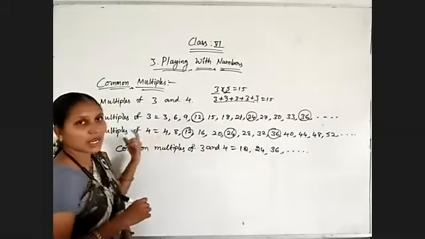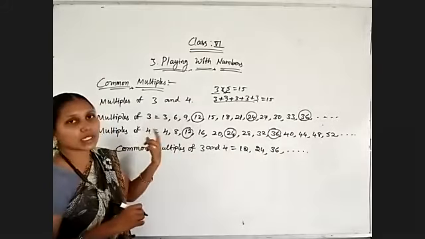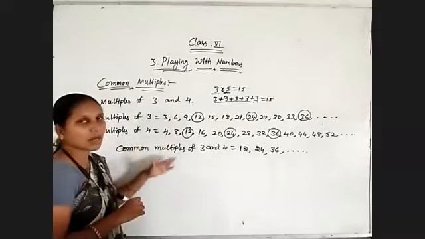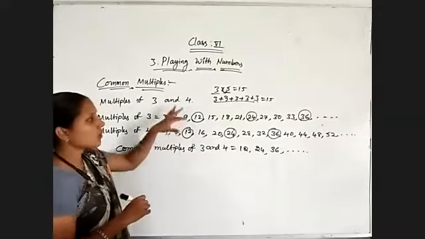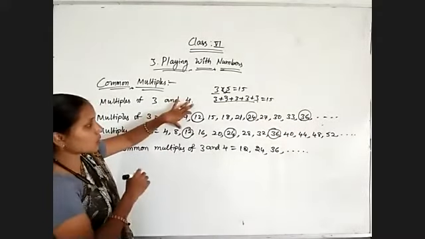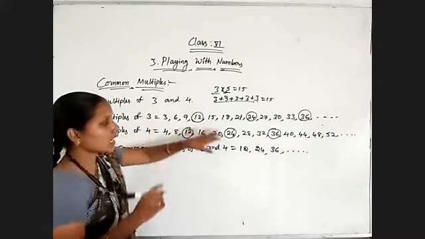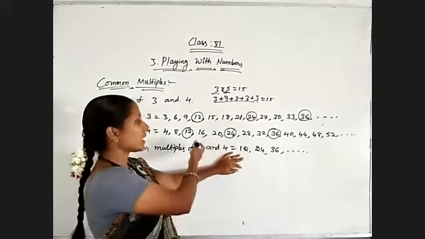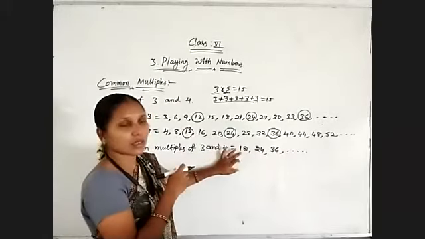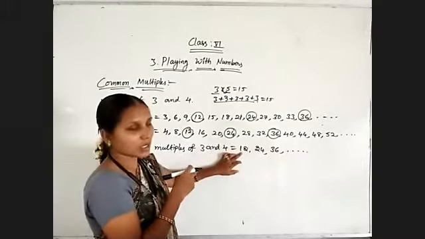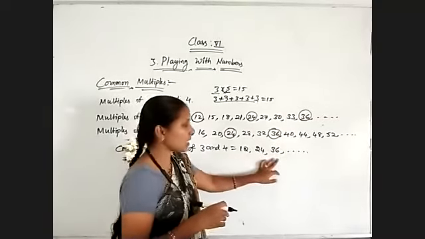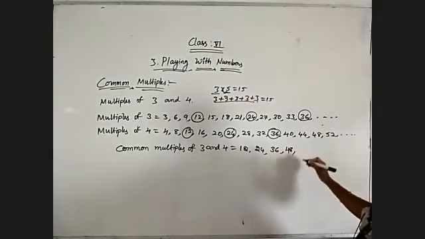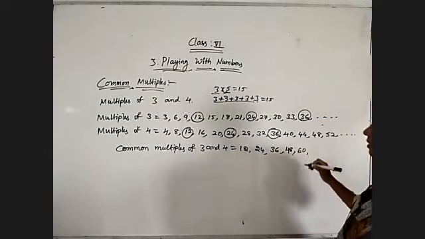In the same way, for multiples of 4, by adding 4 to the resultant numbers we get the multiples of 4. Now coming to the common multiples of both numbers. What is the first common multiple? That is 12. Once we have the first common multiple, the remaining common multiples we can write by taking the multiples of 12: 24, 36, next is 48, 12 fives are 60.